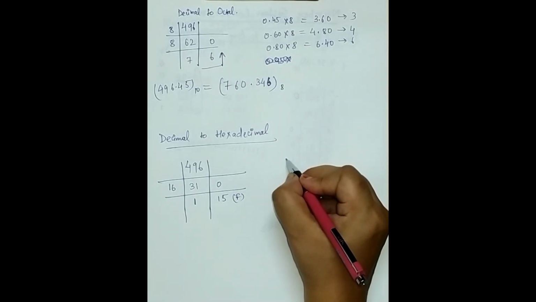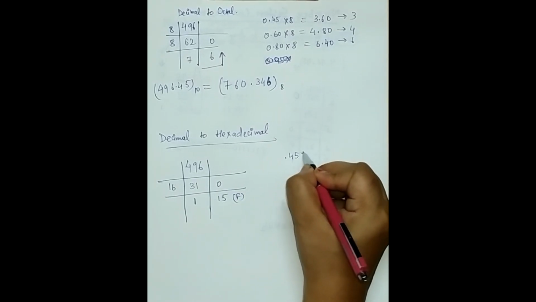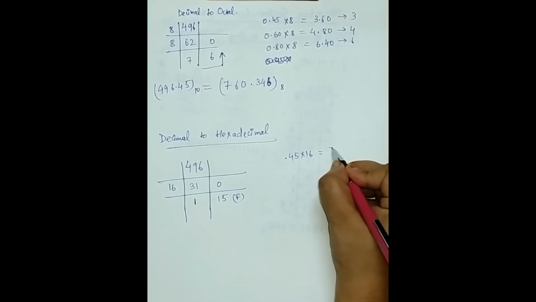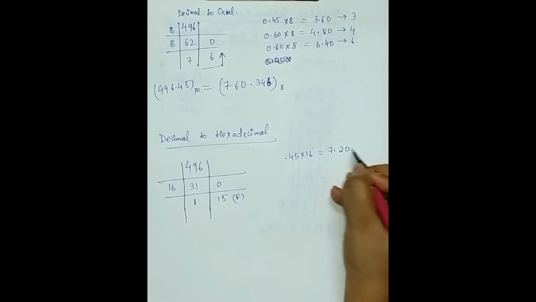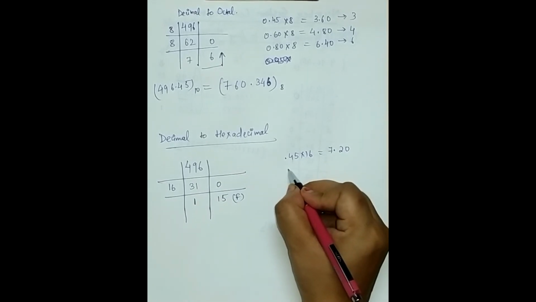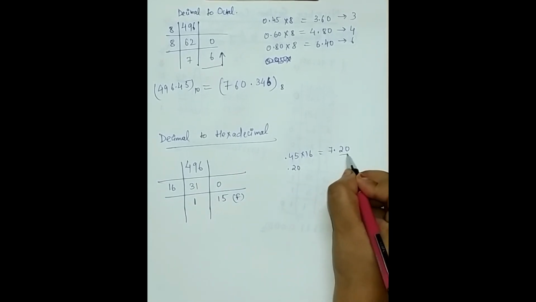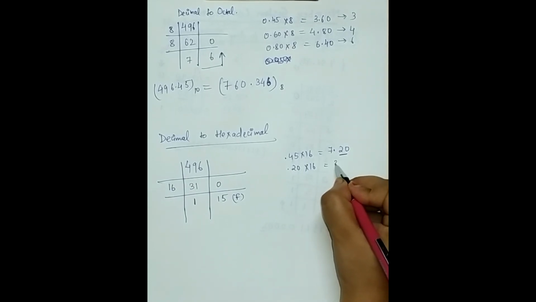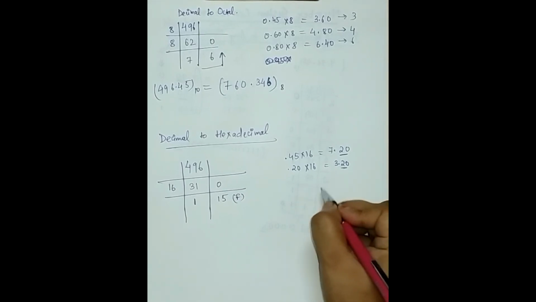Now 0.45 into 16 you will do. So 0.45 into 16 equals 7.20. Then 0.20, you consider only this, into 16 equals 3.20. Then again only 0.20, so you see it is repeating.